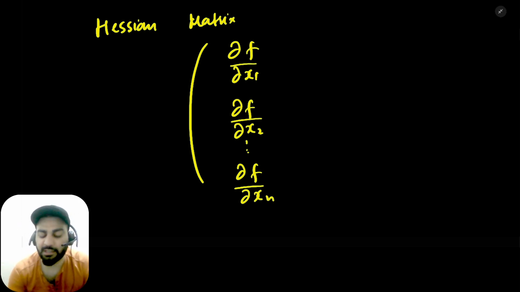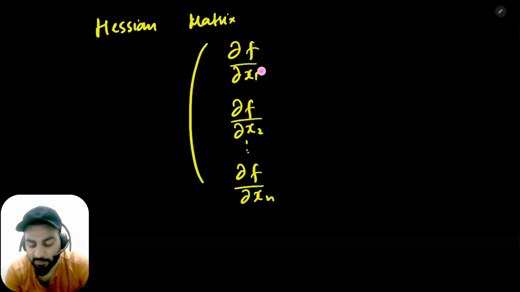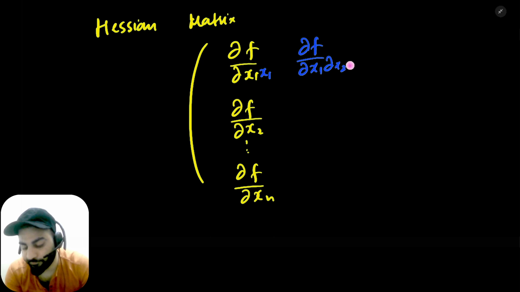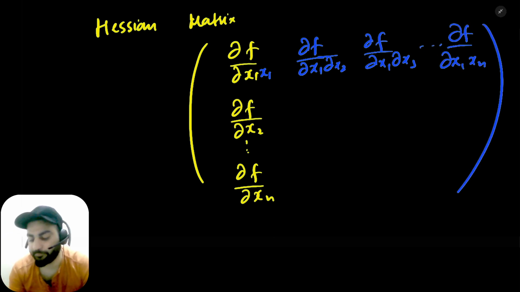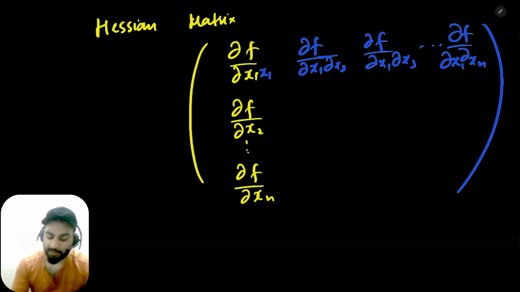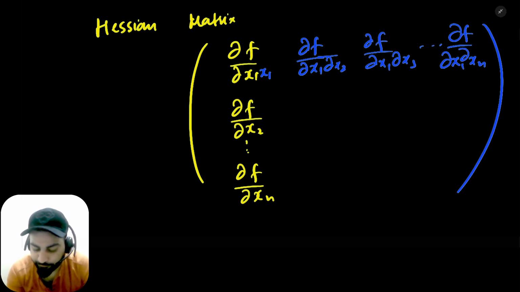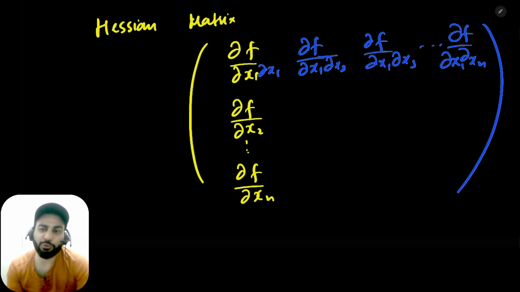So what is in the Hessian matrix is you take the double derivative now, but not with respect to only x1. You take the double derivative of this same function with respect to x1 first, then ∂²f/∂x1∂x2, then ∂²f/∂x1∂x3, and so on till xn. Now you're taking double derivatives, making sure you take every possible combination.